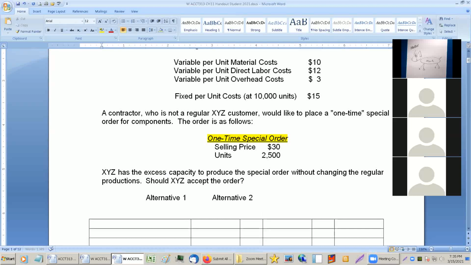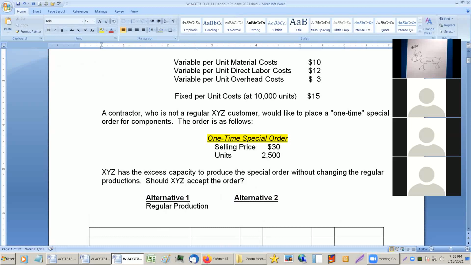Okay, so alternative one: they'll make their regular production, but they'll also do the special order.